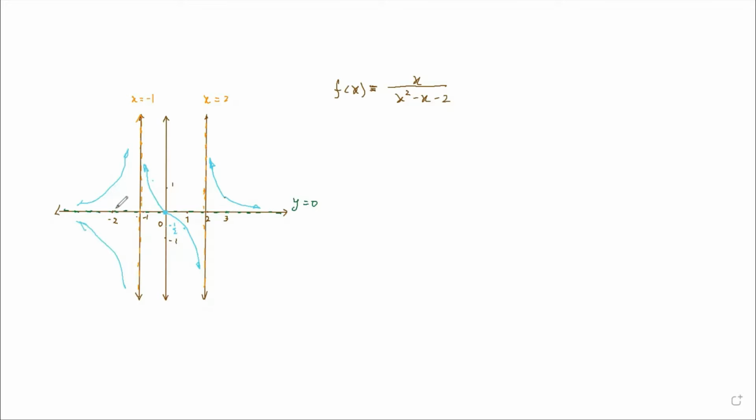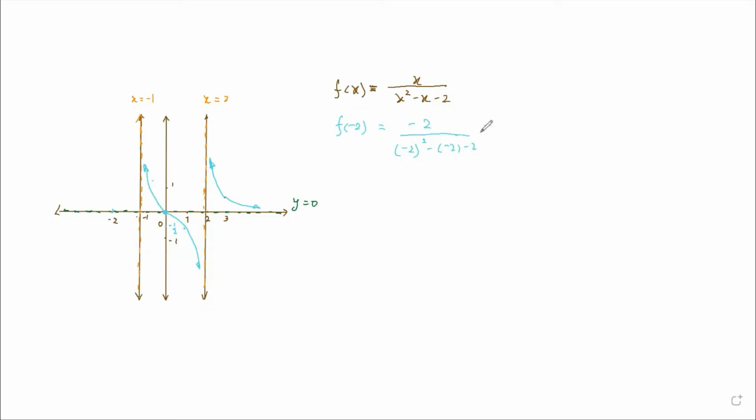Then we do again, replace any value of x on the left end here into the function, the original question. Okay, now we try it. So say I want to try at this point, x equals negative 2. So it is going to be negative 2 over negative 2 power 2 minus negative 2 minus 2.